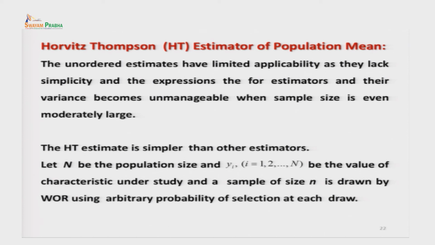So that is why people started looking for some good solution, and then Horvitz and Thompson came forward and proposed a Horvitz-Thompson estimator for the population mean, where they could handle these types of issues. They realized that these unordered estimators, although they are nice, have limited applicability, because they are not so simple to obtain.